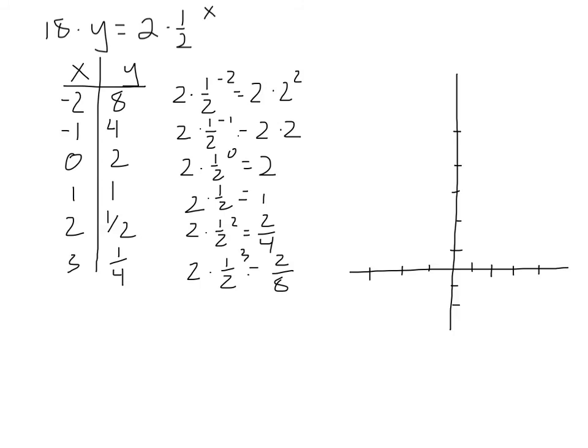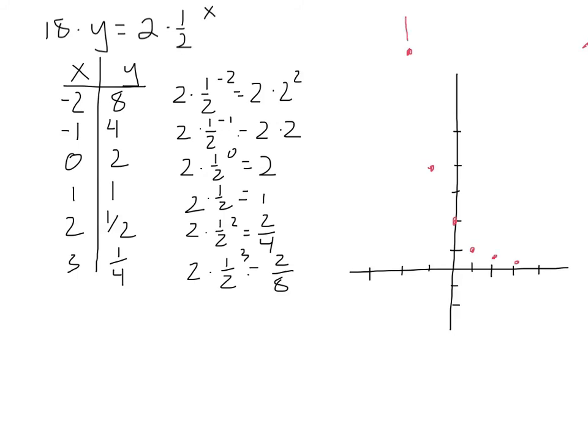Alright, again, graph it in red. So -2, 8, I've run out of room, but it's going to be way up here somewhere. -1, 4, take it down to here. 0, 2, right there. 1, 1. 2 is at 1/2, and then it gets smaller and smaller.